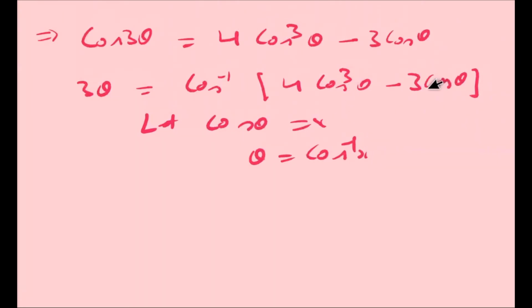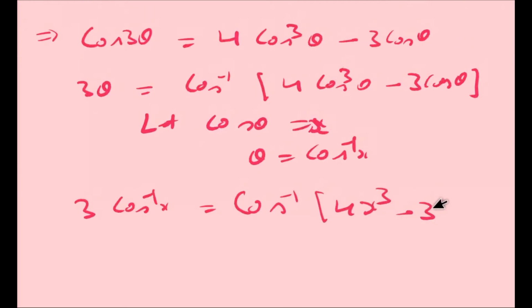So the formula will be 3 cos inverse x equals cos inverse (4x³ − 3x). This way you can learn the formula for cos 3 theta.